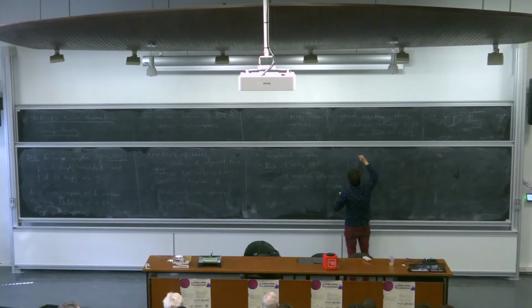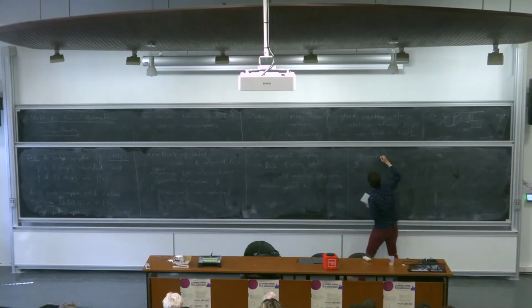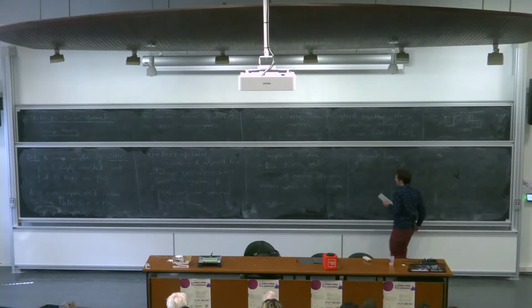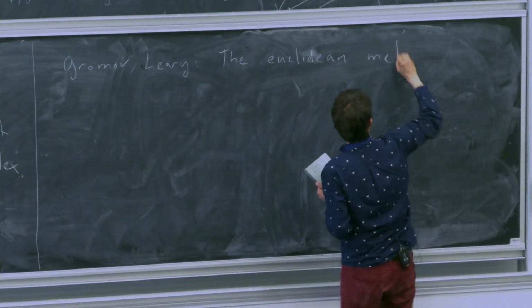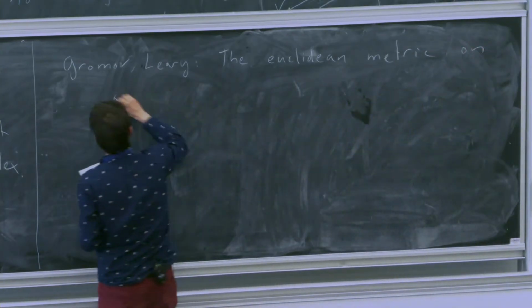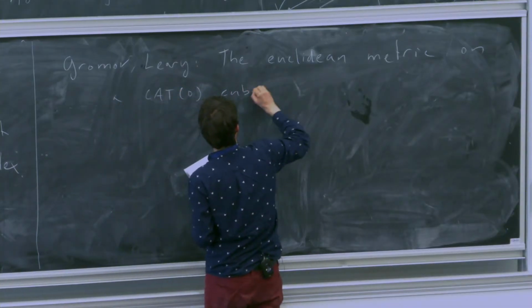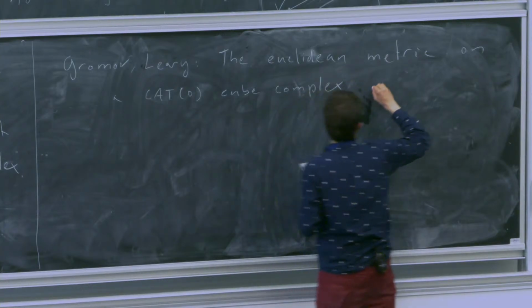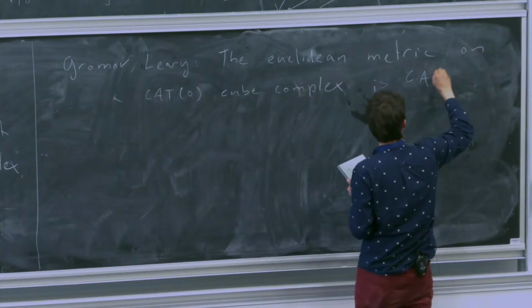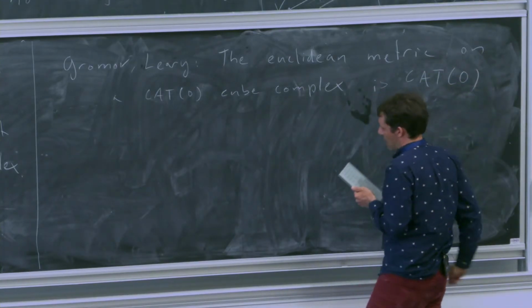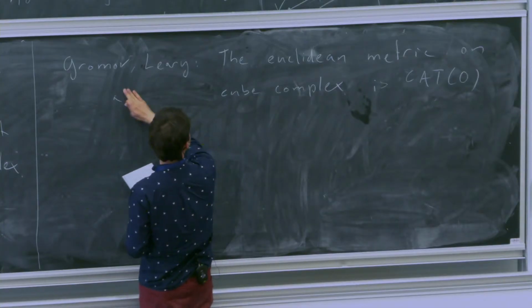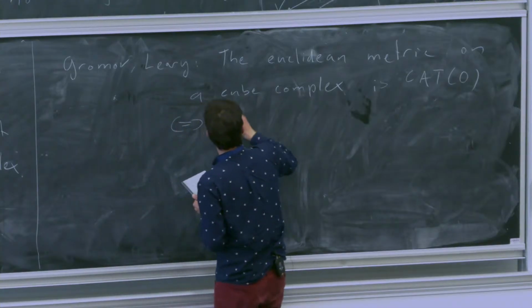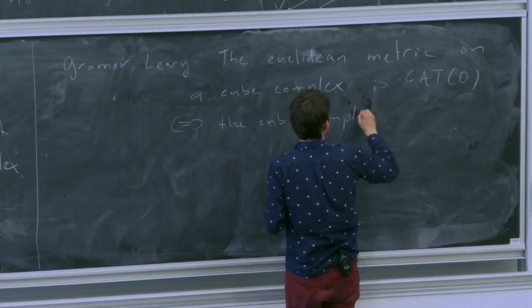That was first observed by Gromov for finite dimensional cube complexes, and then Leary showed it for arbitrary dimension, also infinite dimensional complexes: the Euclidean metric on a cube complex is CAT(0) if and only if the cube complex is CAT(0).